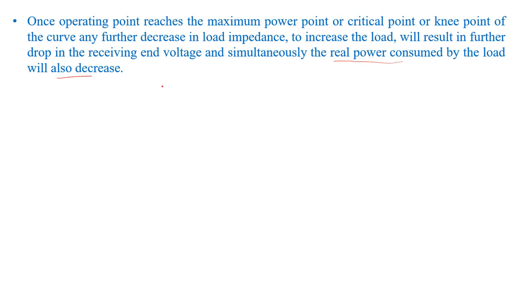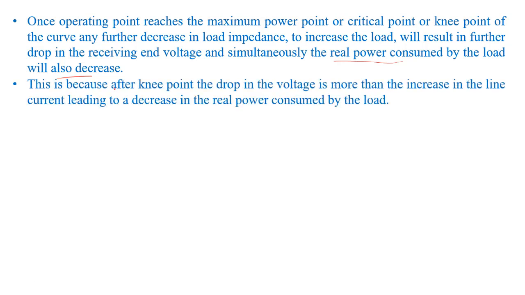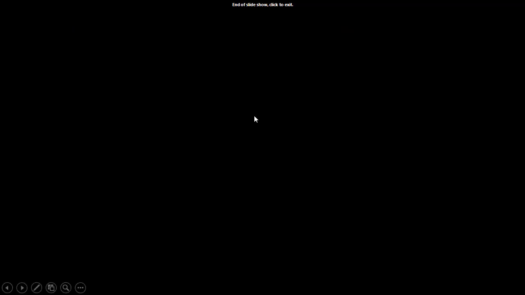It means that after the knee point, the decrease in the load voltage will be more than the increase in the load current because of the decrease of the load impedance. So after the knee point the drop in the voltage is more than the increase in the line current, leading to a decrease in the real power consumed by the load.